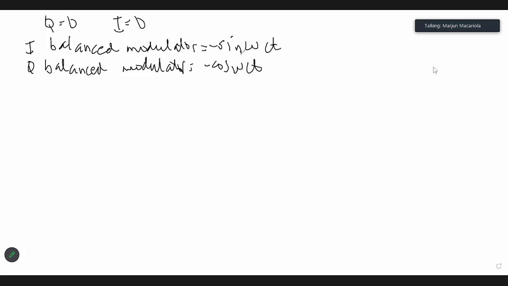Then, ang magiging linear summer output natin will be, remember, Q balance modulator output first. So, this will be equal to negative cosine omega ct minus sine omega ct. Okay. So, dahil kung titingnan natin yung QPSK modulator, we have a reference. Pakita ko lang.